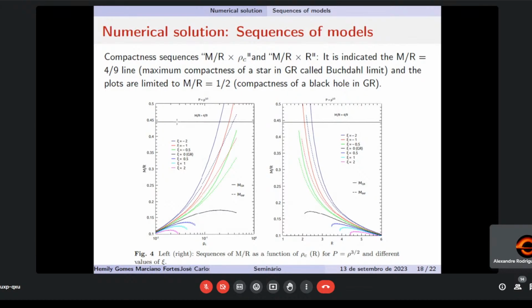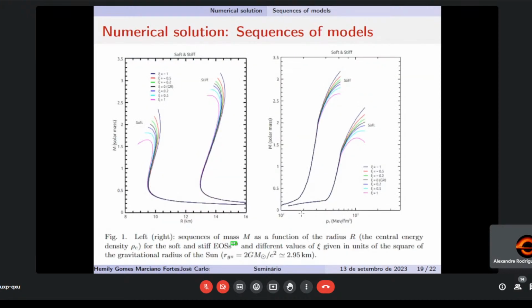So we know from general relativity that the compactness of the stars cannot be greater than this value, even with different equations of state. Anyway, we always have this limit. But with different models, we can reach compactness greater than that.